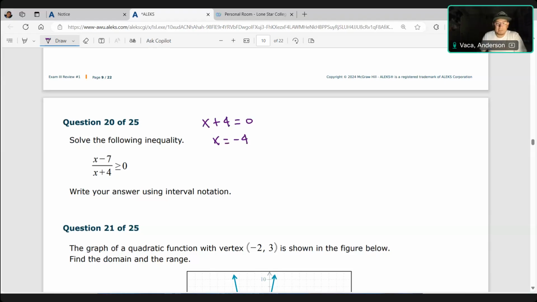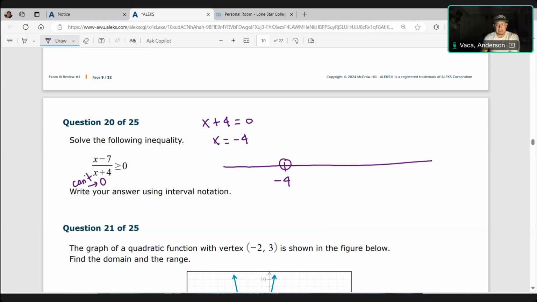Why is that? If x is ever -4, the denominator will be 0, and we cannot divide by 0. So right now, from the very get-go, I'm going to say that here will be -4. The x can never be equal to -4.